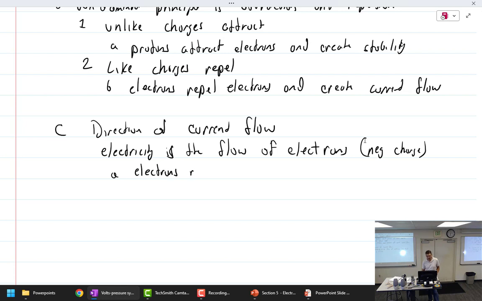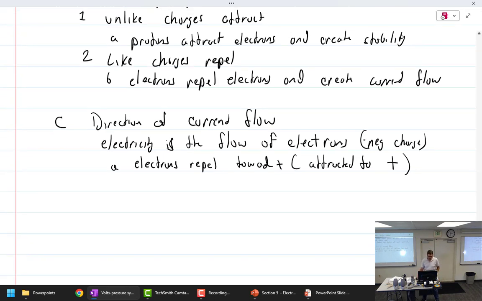Electrons are repelled or repel toward. That's maybe a bad way of saying it. They are attracted to. Toward or attracted. I like that better. Attracted to a positive. So electrons repel towards the positive, or they're attracted to the positive, or they're repelled from the negative.